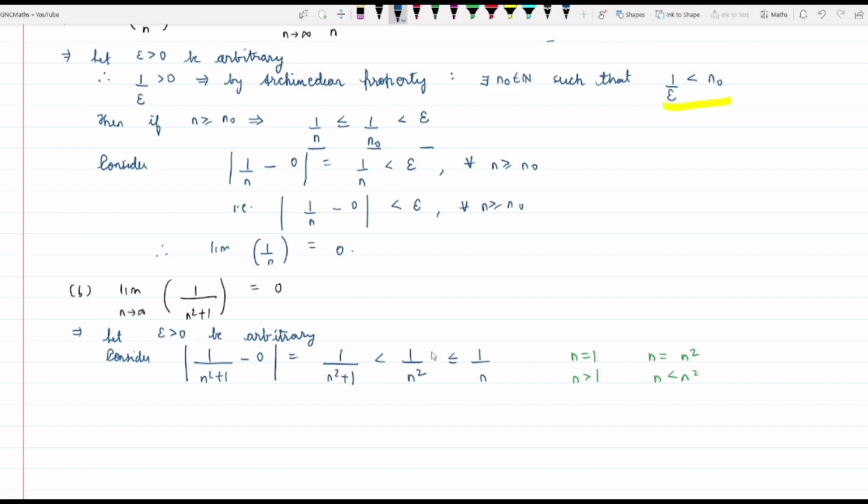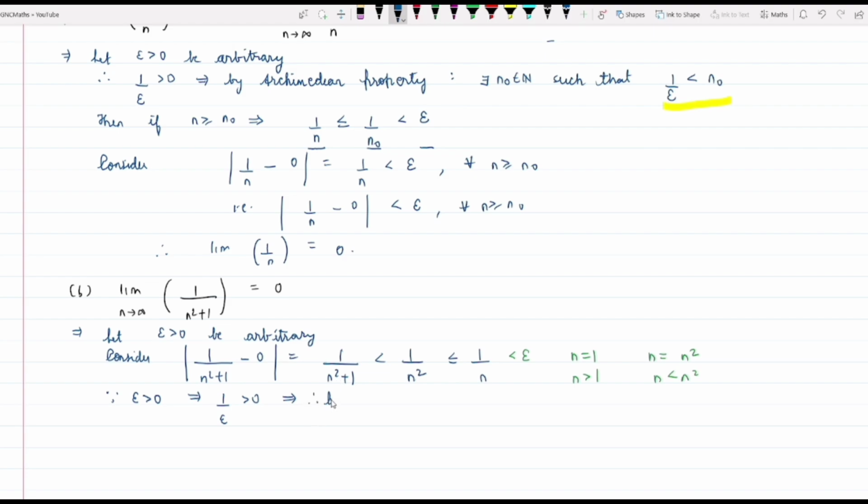So we want to make this difference, which we have got as 1 by n, to be lesser than epsilon. So you will see a quick rearrangement: you need to apply the Archimedean property to 1 upon epsilon. Since epsilon is positive, we get that 1 upon epsilon is positive, and we could get into action the Archimedean property.